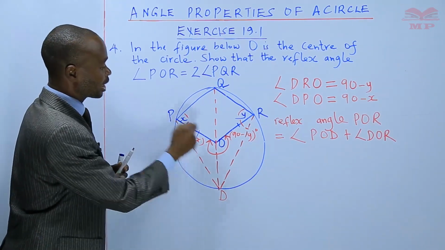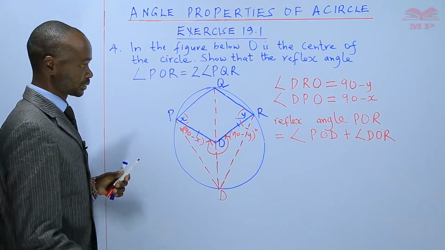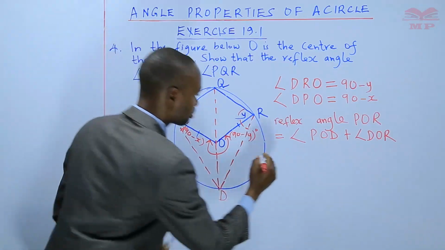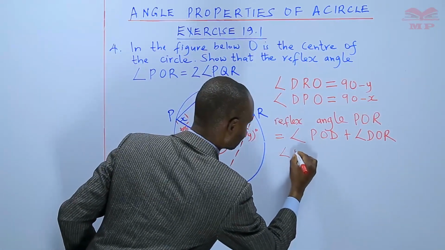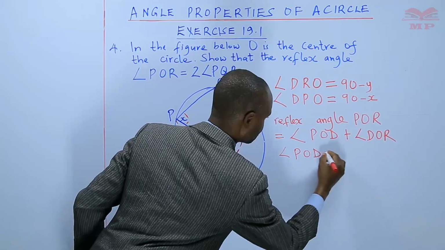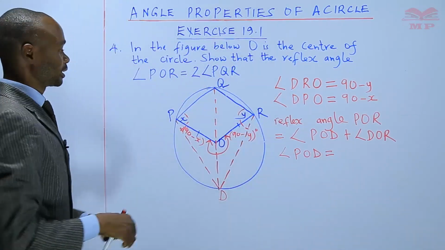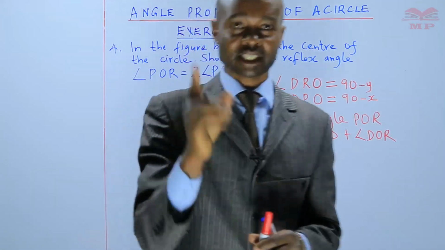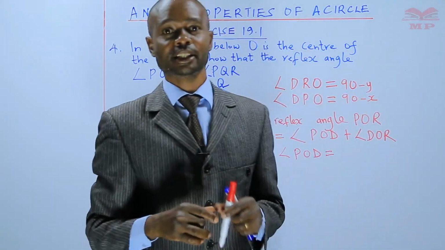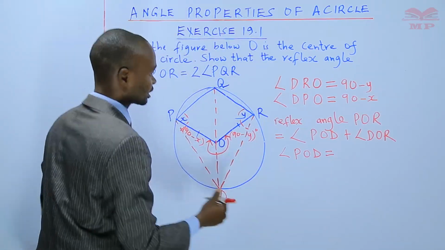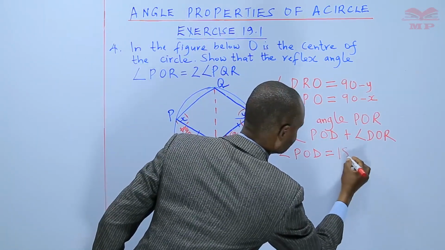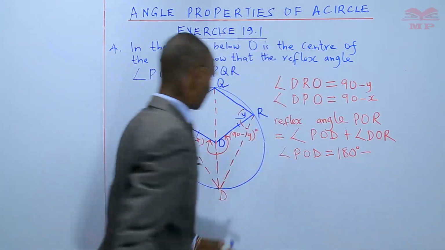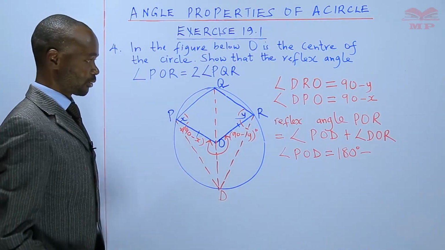So POD is equal to 180 degrees minus the other pair which is equal.